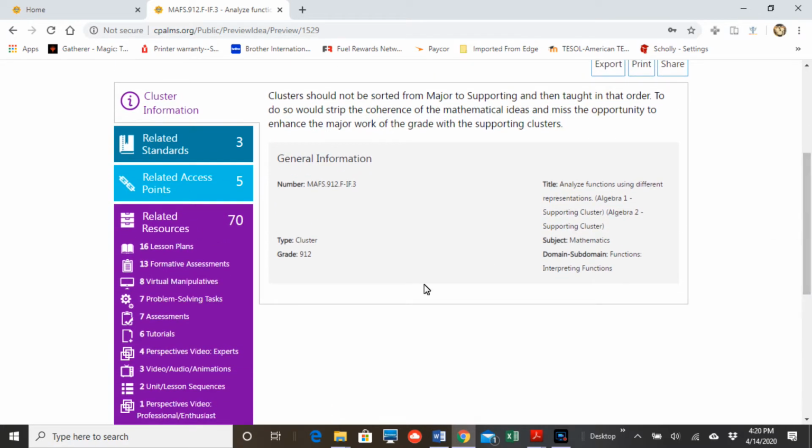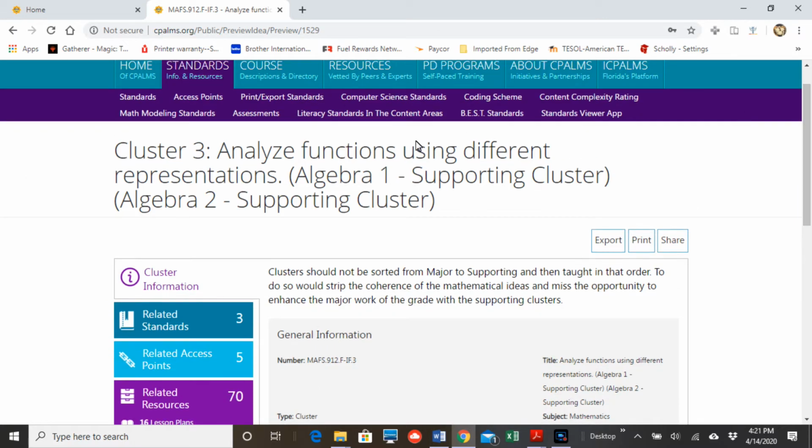If you so desire looking at point 3, so this is not specific to the lesson, this is the 3 in general. So if you want to look at this standard as a whole and see how it builds, great, that's wonderful. You can do that.